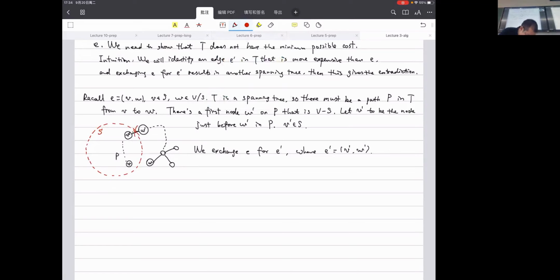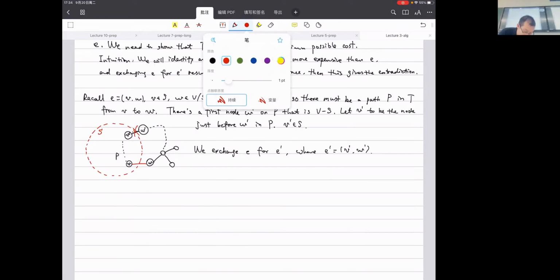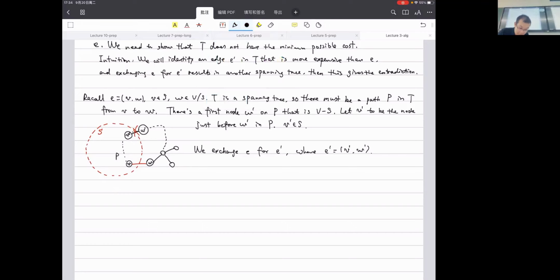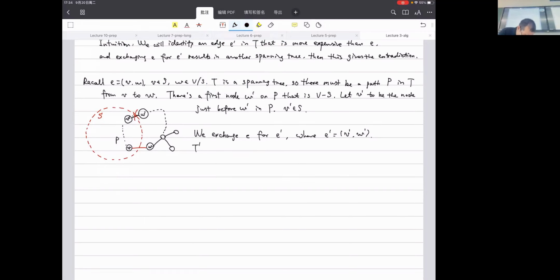We don't have this edge, and we instead have an edge between V and W. So basically, this is what we mean here. So let's see what is going to happen. So this gives a new tree T prime, which equals T minus the edge E prime, and we actually have the edge E here.